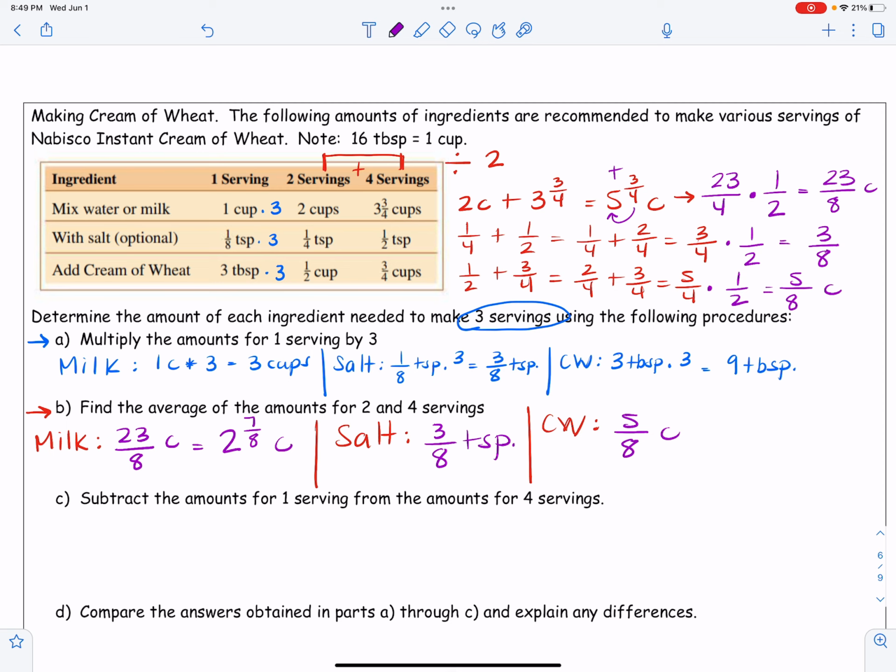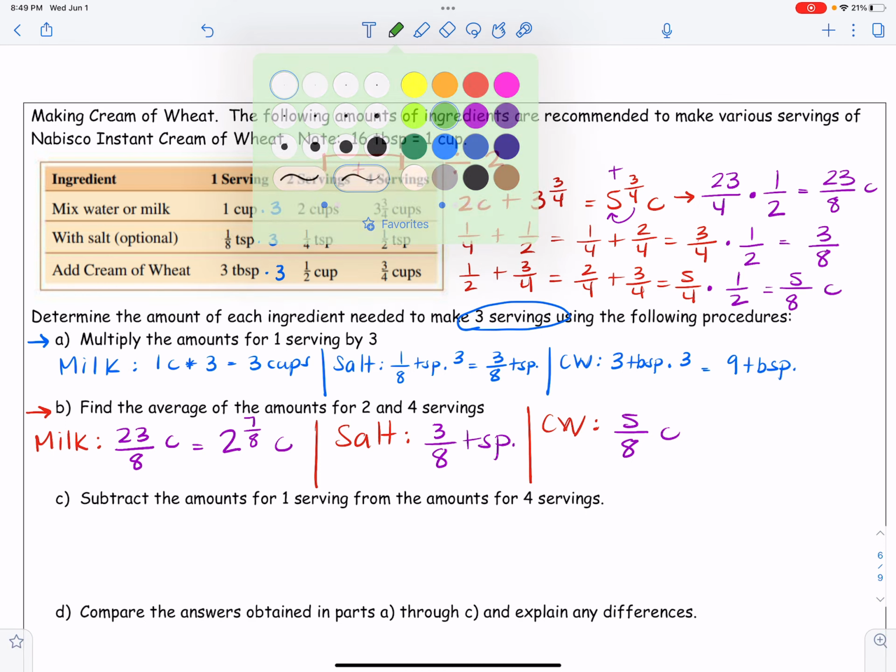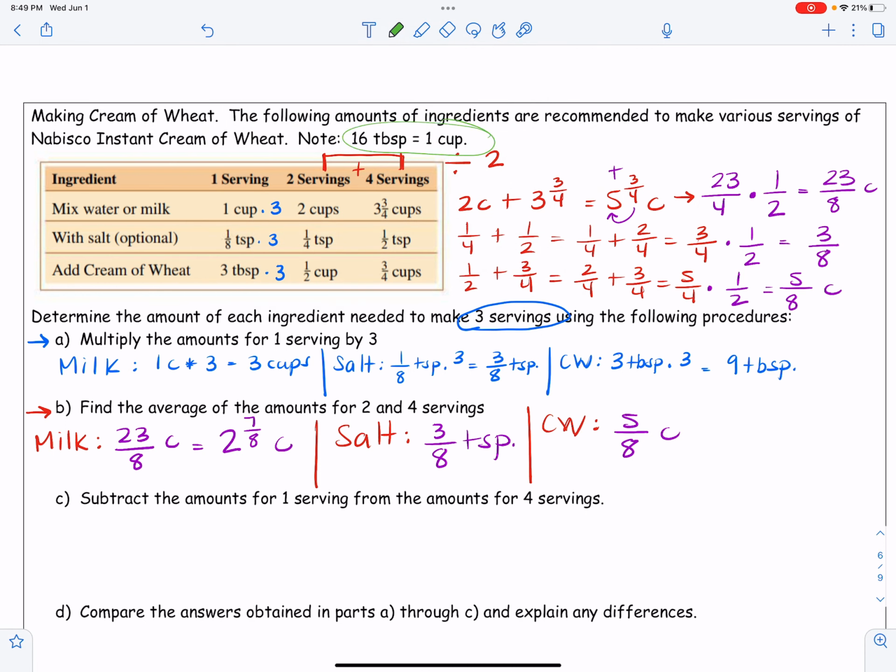All right, now notice you can't really do a direct comparison here because in part A we were in tablespoons. But if you wanted to, you could convert so that you can compare by using the conversion factor that's given here. So if you wanted to convert the cups to tablespoons, you could do that by multiplying by 16 tablespoons in a cup.